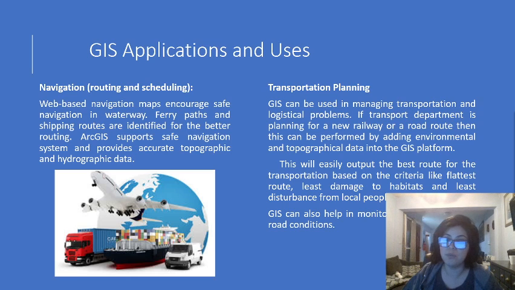For example, if it is a truck that is driving down a highway, the GIS transportation systems can select the best route for the transportation based on the criteria of the best road, the least damage to the habitats, and the least disturbance for local people. The GIS can also help monitor rail systems and road conditions. So that's basically the uses for the GIS system in our area of interest.